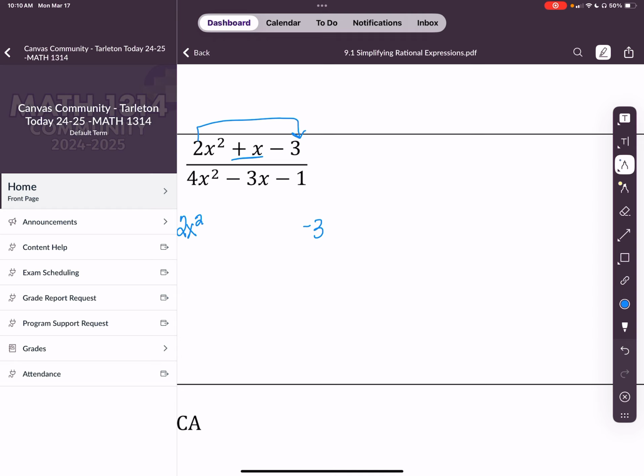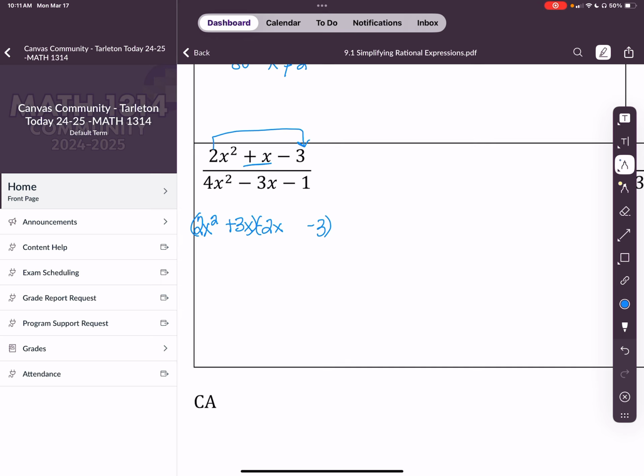All right, so I can do plus 3x minus 2x, okay? Because 3 times negative 2 gives me negative 6, and then 3 plus negative 2 gives me a positive 1. Okay, now I need to go ahead and do our factor by grouping.